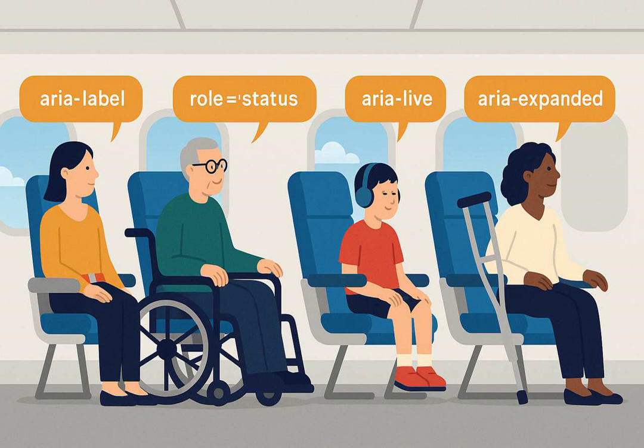Real-world ARIA attributes and what not to do with them. Let's walk through some of the most commonly used and misused ARIA attributes. aria-expanded and aria-controls. If you've got a toggle button that reveals content, aria-expanded tells the screen reader whether it's opened or closed, and aria-controls points to the thing being shown.